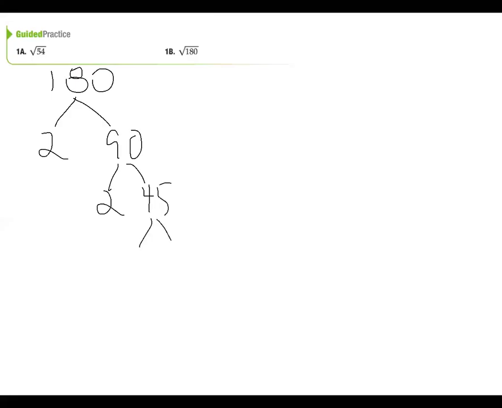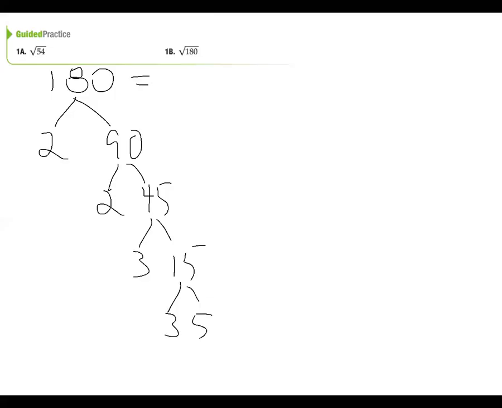Square root of 180, similarly, you could break it apart. 180 is equal to 2 times 90. 90 is 2 times 45. 45 is 3 times 15. And 15 is 3 times 5.